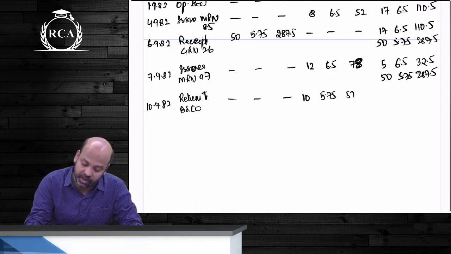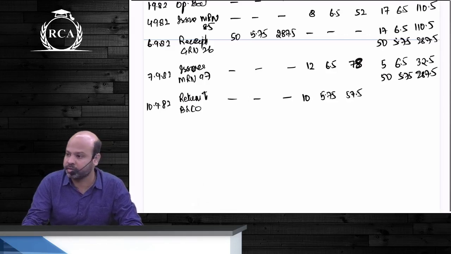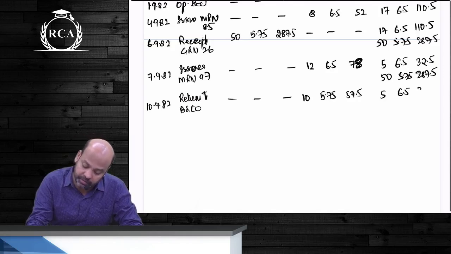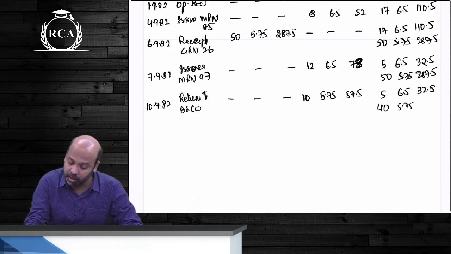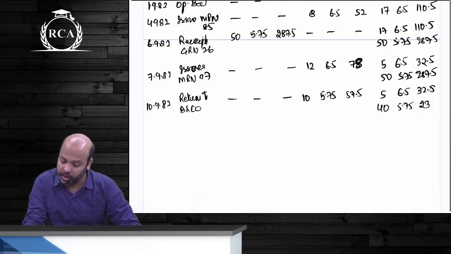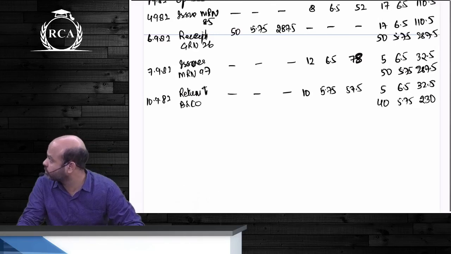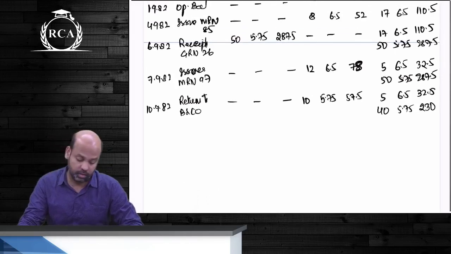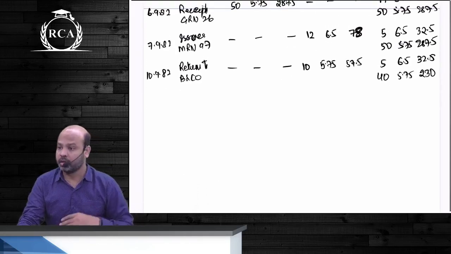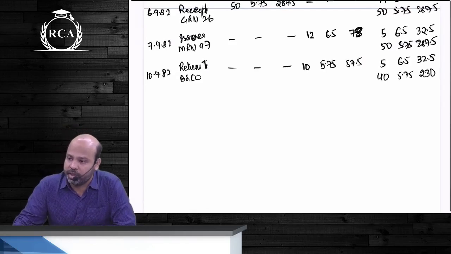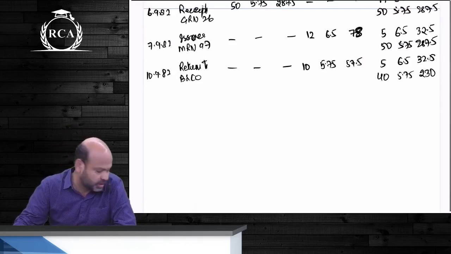That will become 57.5. And after that, beta, you will have 5 units purchased at 6.5, 32.5, 40 units purchased at 5.75, whose value will be 230. Returns to B and Co should be at the same price at which the materials were originally purchased.